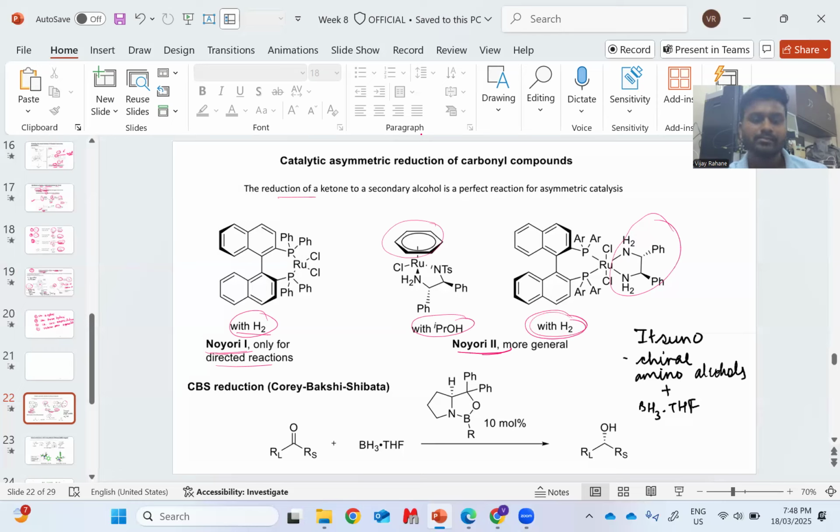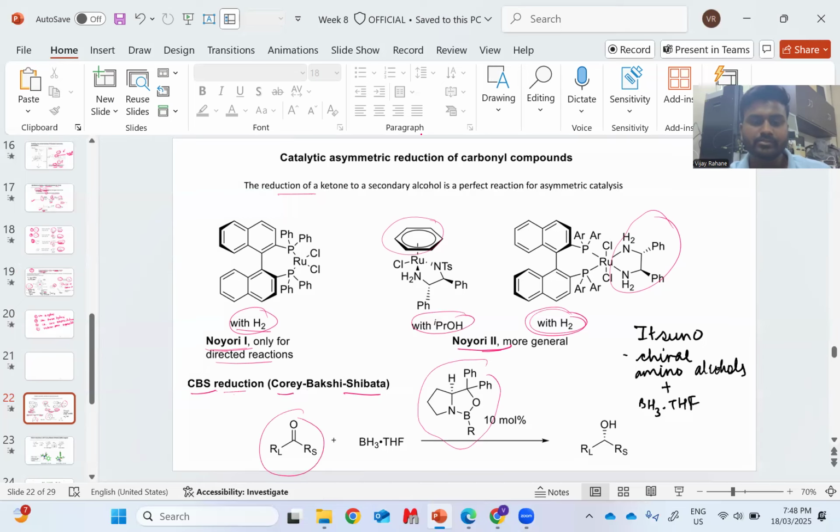Further, another catalyst for reduction is the CBS based reduction, which is the Corey, Bakshi, and Shibata catalyst. The CBS catalyst is a complex, you can see here, and it does the job in a similar fashion. Let's say we have a ketone with two R groups, obviously one larger and one smaller.